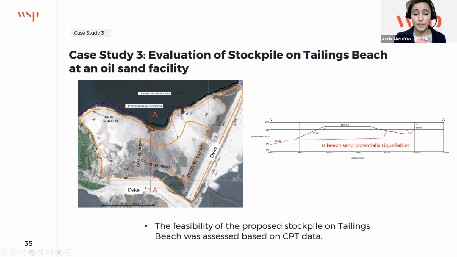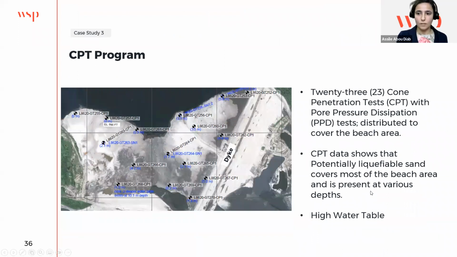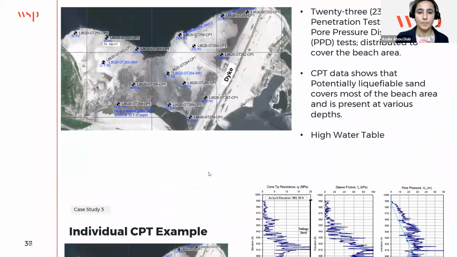So the feasibility of the proposed stockpile on the tailings beach was assessed based on CPT data. 23 CPT tests with dissipation tests were distributed all over the beach, and the CPT data showed that potentially liquefiable sand covers most of the beach area and is present at various depths. Also, the water table was very high.